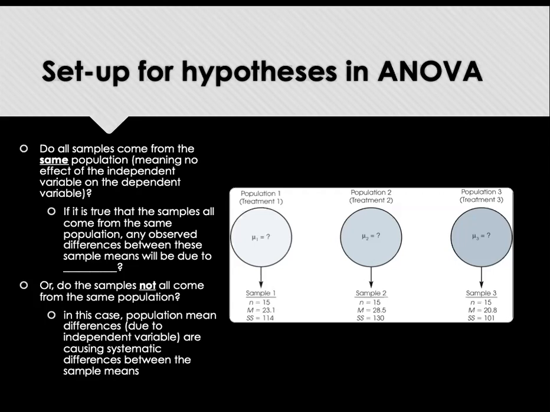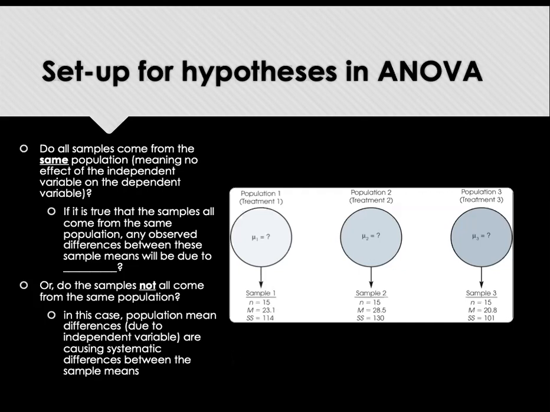On the other hand, do the samples not all come from the same population? And in this case, I'm looking down here, the population mean differences due to the independent variable are causing systematic differences between the sample means.